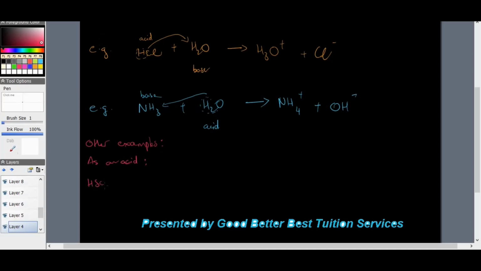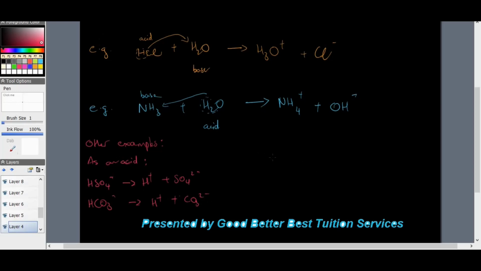HSO4-, obviously, becomes the donated proton plus SO4 2-. And then another one is also HCO3-. After the proton is donated, you get the proton plus CO3 2-.